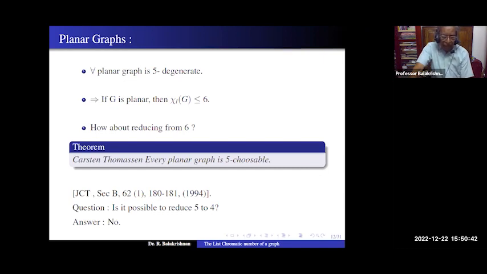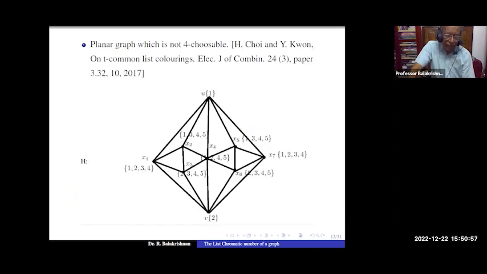But there are planar graphs which are not phi choosable. Is it possible to reduce phi choosability to 4 choosability for planar graphs? The answer is no. Here is a very nice example. I give you a planar graph which is not 4 choosable.